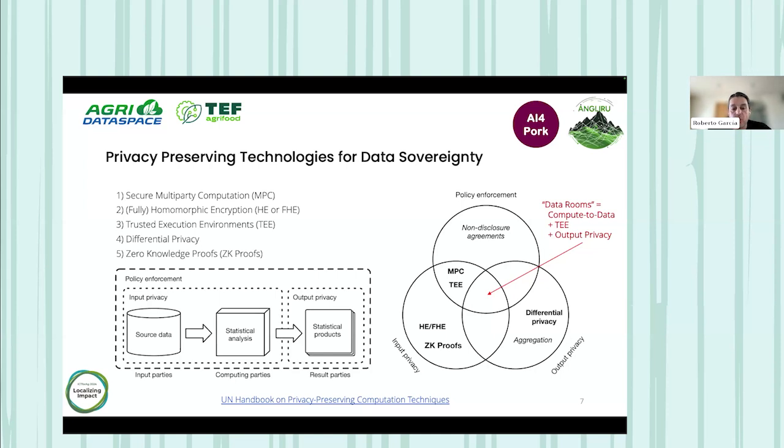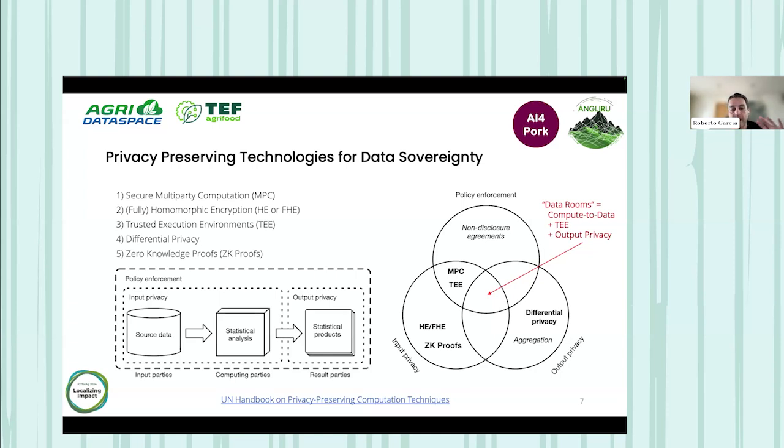It's basically technologies that are already being used, for instance, in computing statistical data based on anonymization, based on multi-party computation, but especially in the combination of what we call data rooms.